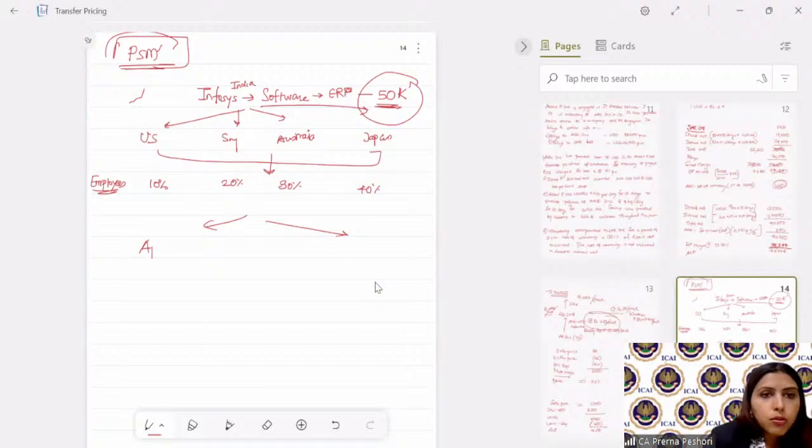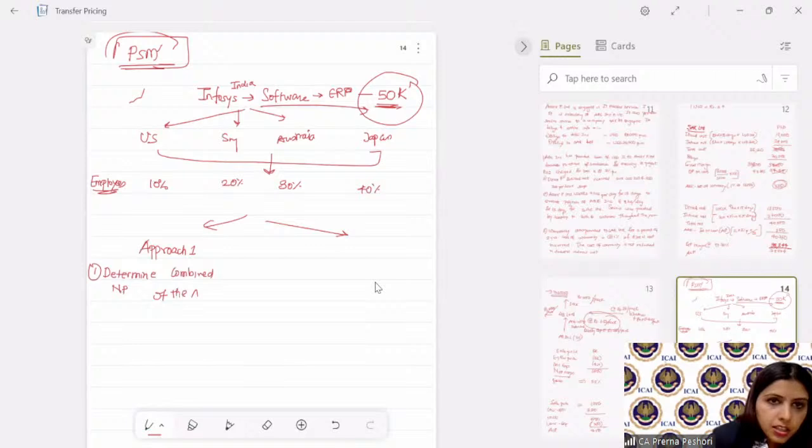The approach one is that you need to determine the combined net profit of the AEs. You need to determine the combined net profit of the AEs. Right? You will find out what is the combined net profit of the AEs.